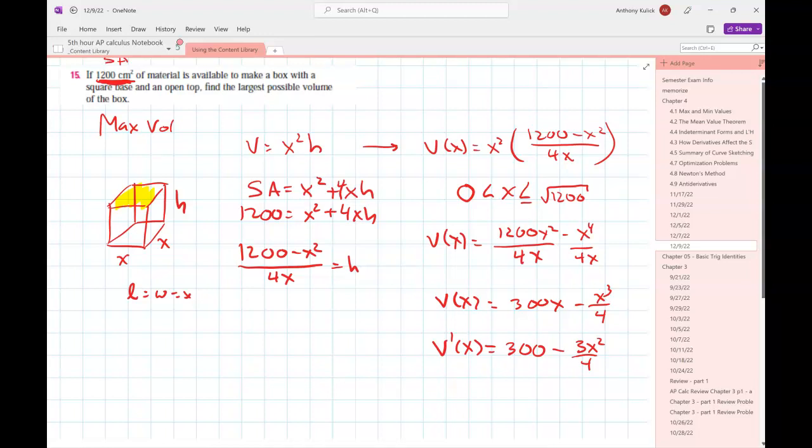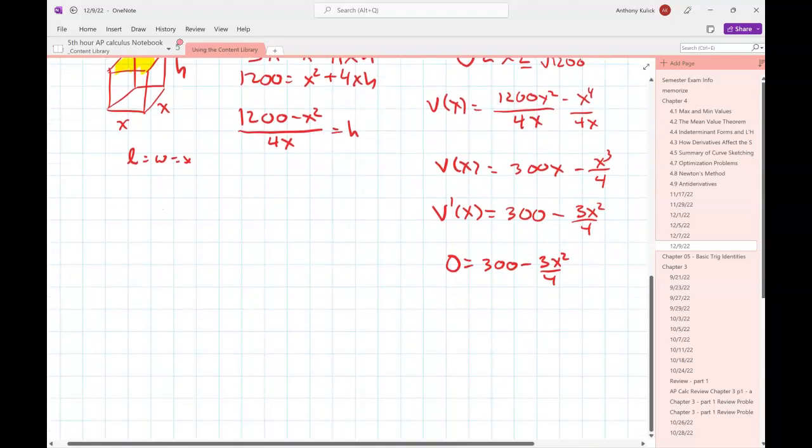I notice this derivative is a polynomial. So if I'm looking for critical values, there's no places where the derivative will fail to exist, which is great. So all I need to do is set my derivative equal to 0. Oh, no. What a tease.